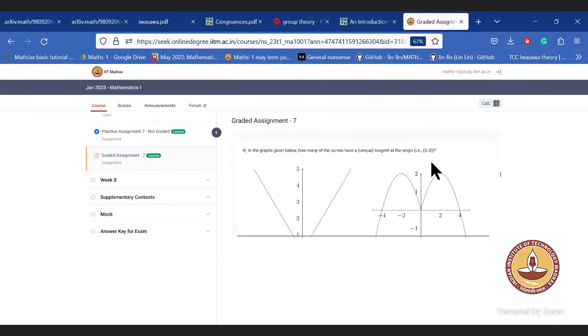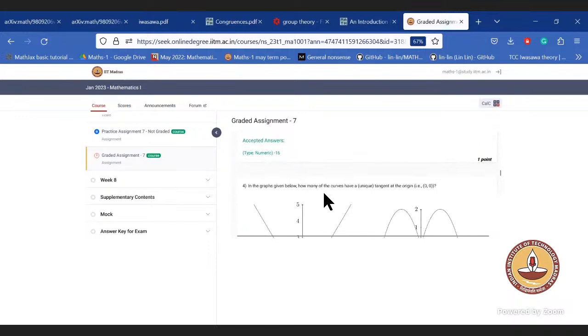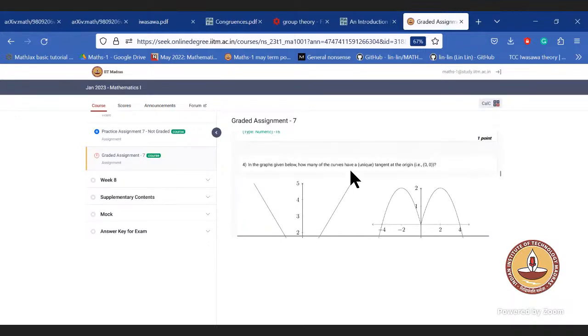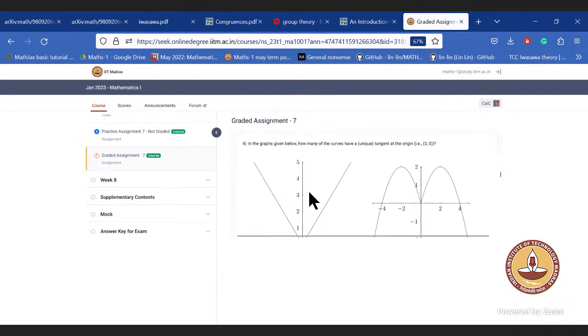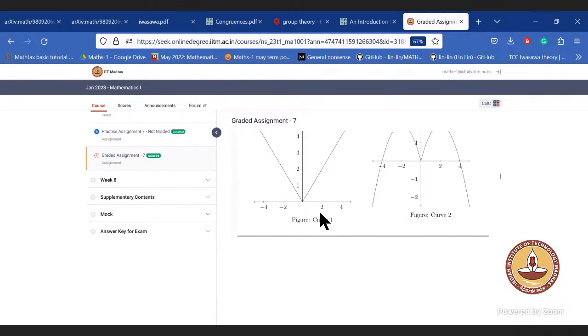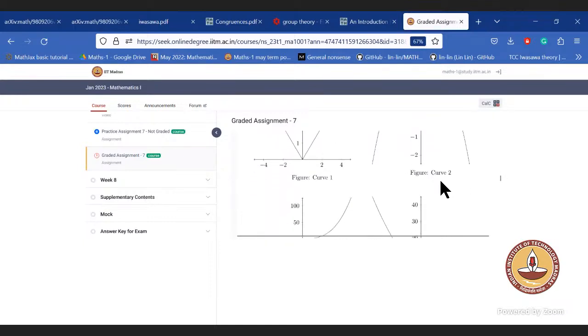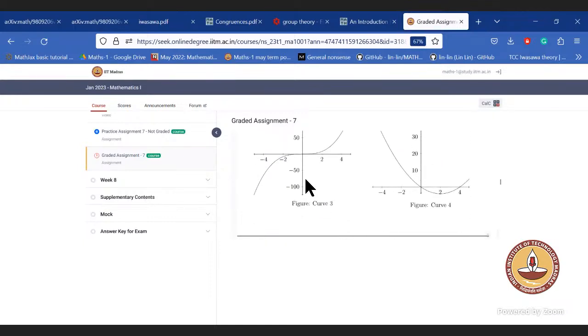Just a minute. What it is basically saying in the graph is that you cannot find a unique tangent at a sharp end. Curve 1 has no unique tangent at the origin. Curve 2 has no unique tangent. Do 3 and 4 have one?